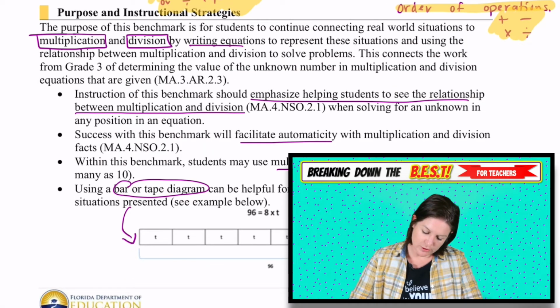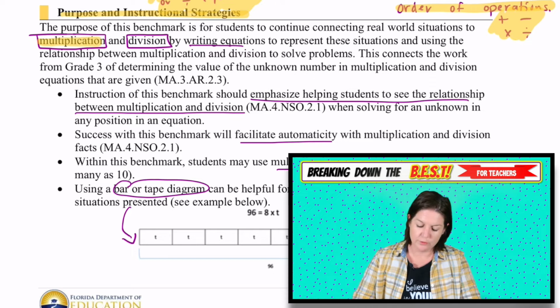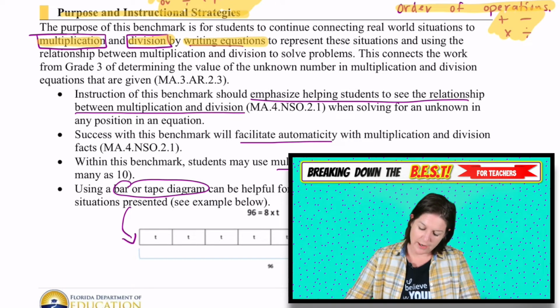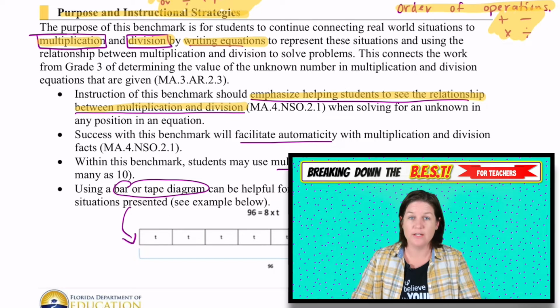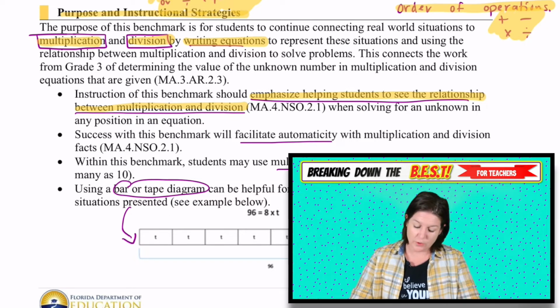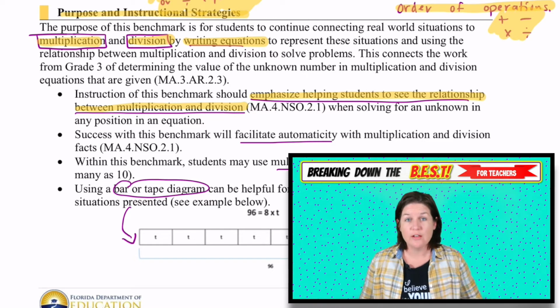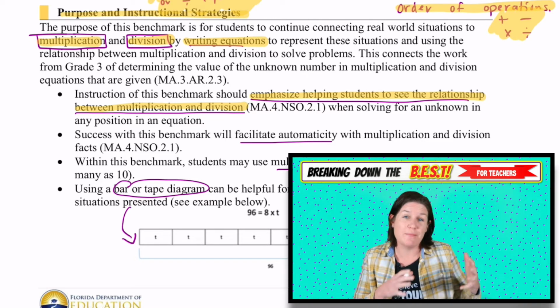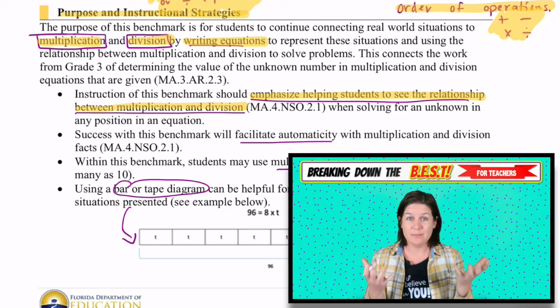For the purpose and instructional strategy, some things that jumped out at me, again, the focus is on multiplication and division by writing equations, and we want to emphasize the relationship between multiplication and division, how they are inverse operations. So even creating equations with these missing unknown values, you could have some students create a multiplication equation or a division equation for the same scenario.